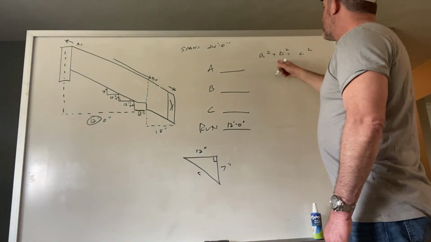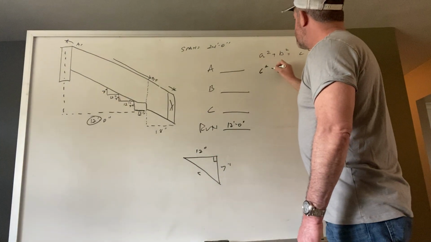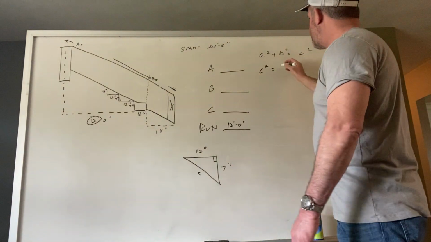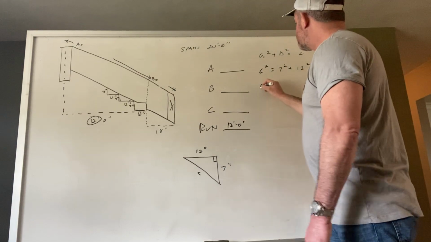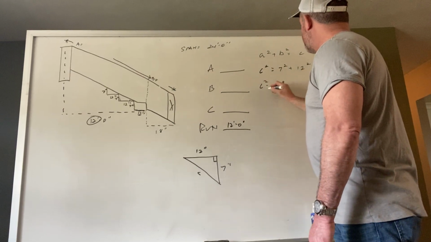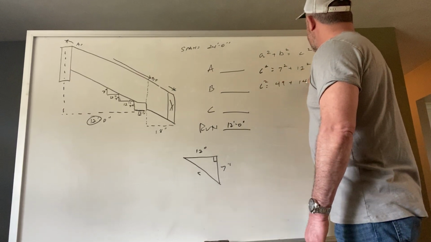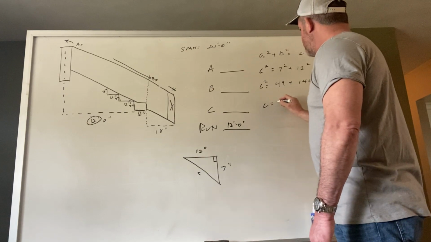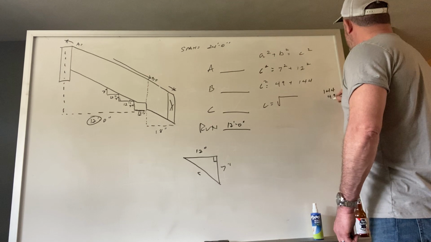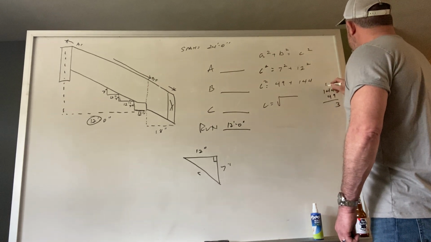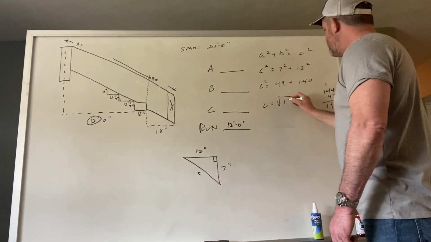If A squared plus B squared equals C squared, in this case C squared equals 7 squared plus 12 squared. So C squared equals 49 plus 144. So C equals the square root of 193.